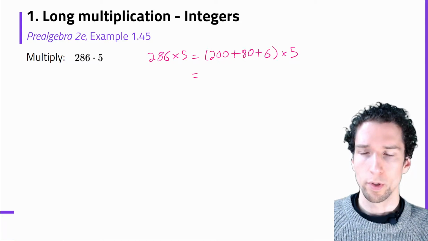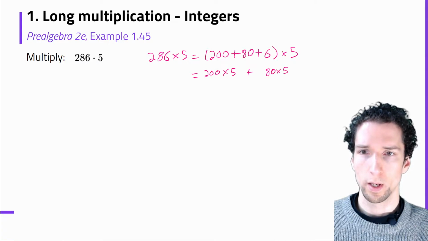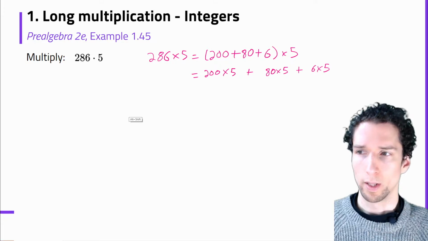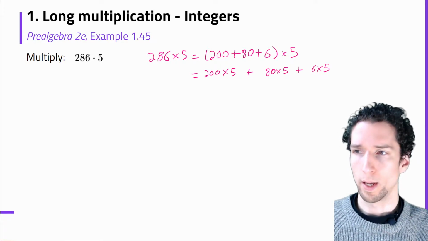And then if we distribute that, that's 200 times 5 plus 80 times 5 plus 6 times 5. So figure out each of those separately and then add them together, and that will give us our result. Just a nice way of splitting things up.